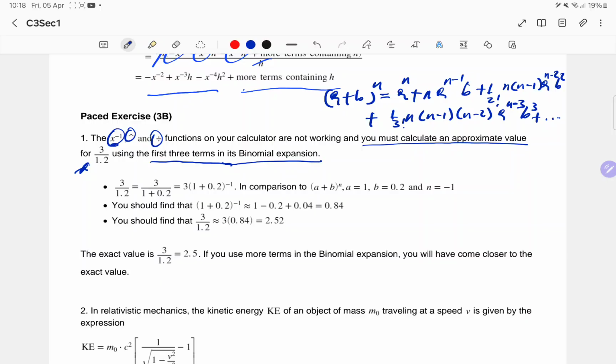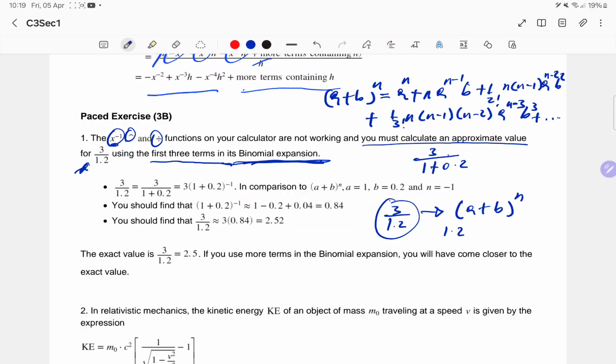The first thing to do is to express this 3 over 1.2 in the form (a plus b) to the power n, because we want to estimate it using binomial expansion. You ask yourself what makes 1.2. It's 1 plus 0.2.